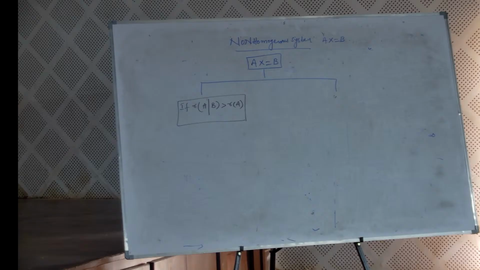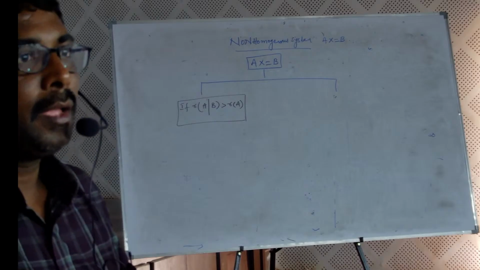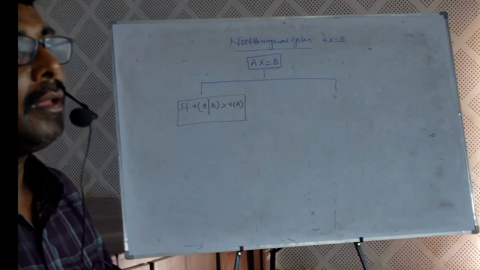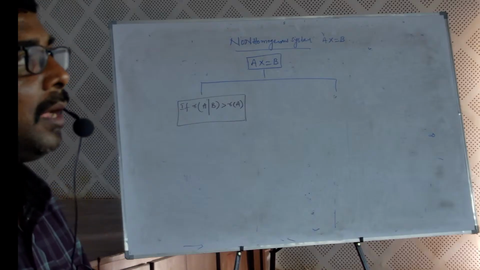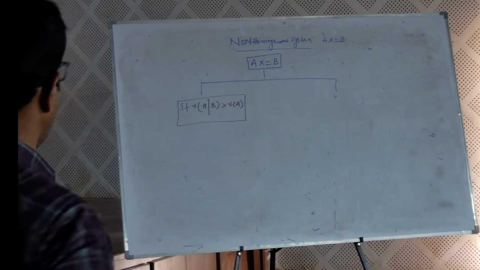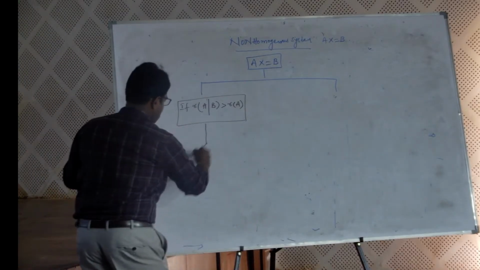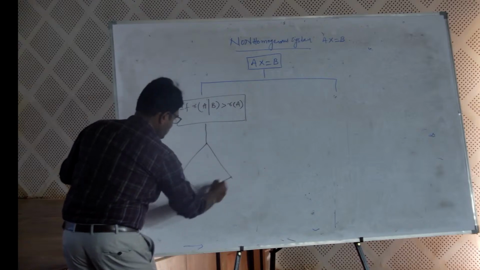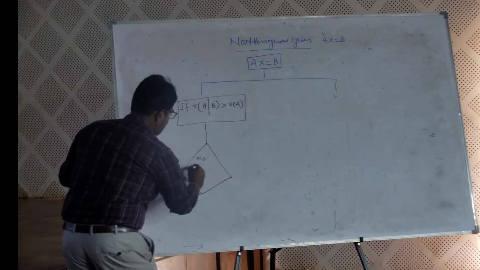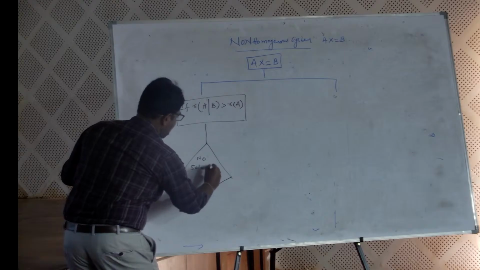If not, A cross B, A by B, what is R? Rank. If rank of A by B is greater than rank of A, the system has no solution.